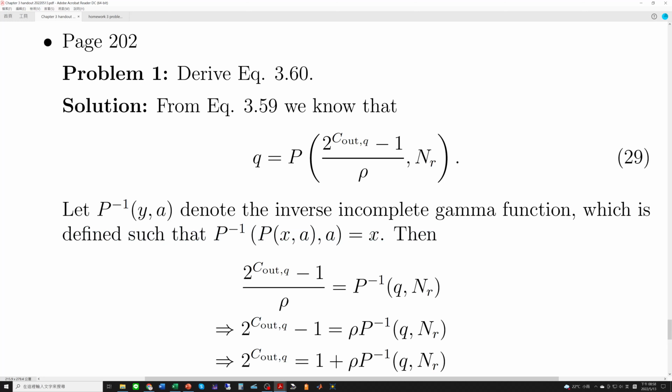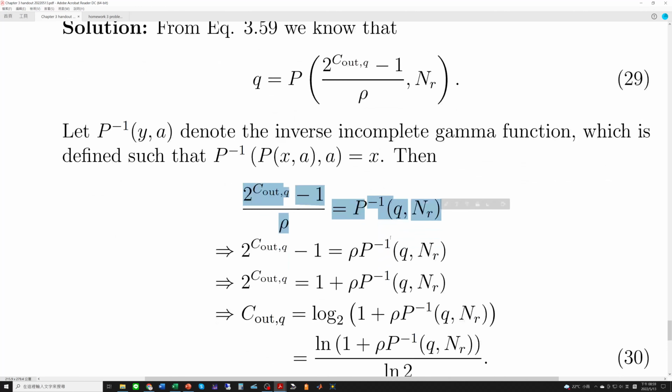So x, that is 2 to the power of C out Q minus 1 over rho, is equal to P inverse of P of x, a, and P of x, a is equal to Q. So it is equal to P inverse of Q, a, where a is nr. So this term is equal to P inverse of Q, nr. And multiplying both sides of this equation by rho, it implies that 2 to the power of C out Q minus 1 is equal to rho times P inverse of Q, nr.